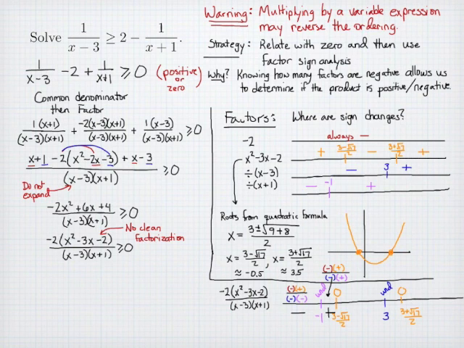So as I do this on each interval, the negative 2 is always negative. Our quadratic is negative when we're between the roots, and positive when I'm outside of the roots.